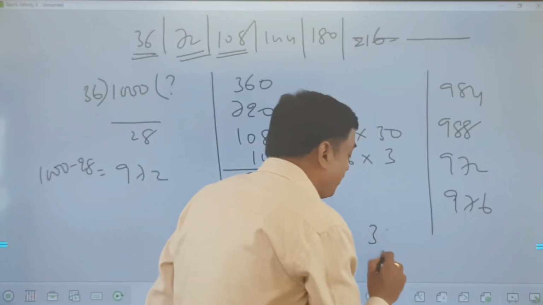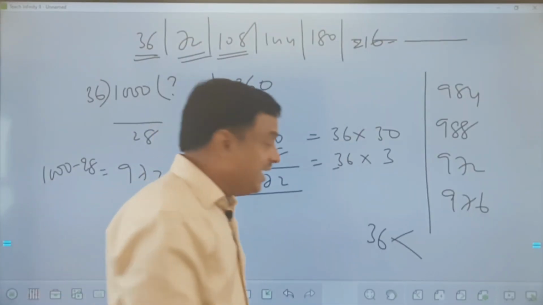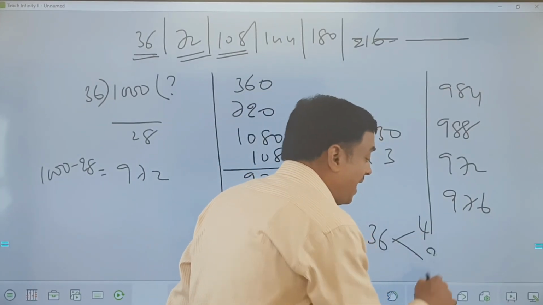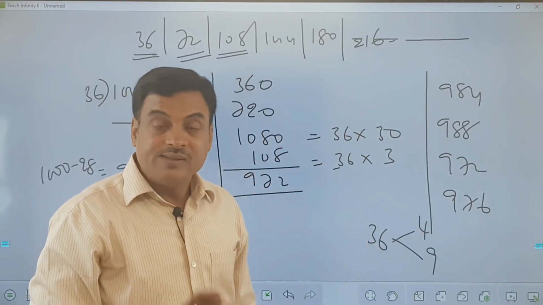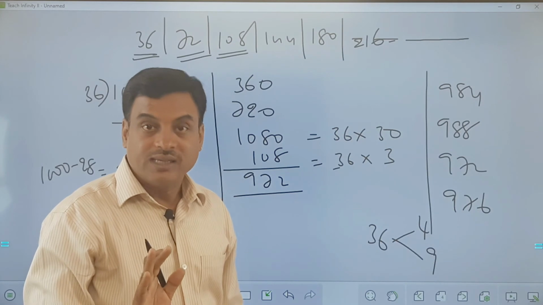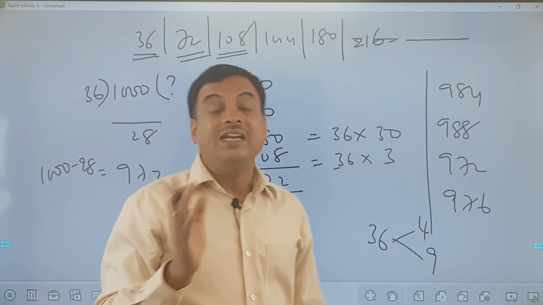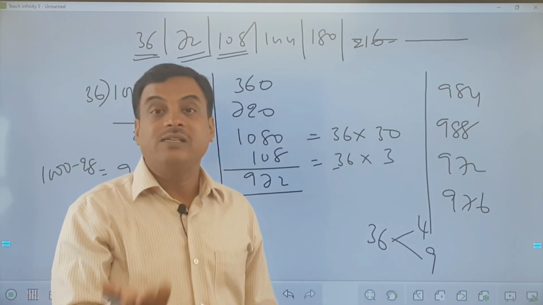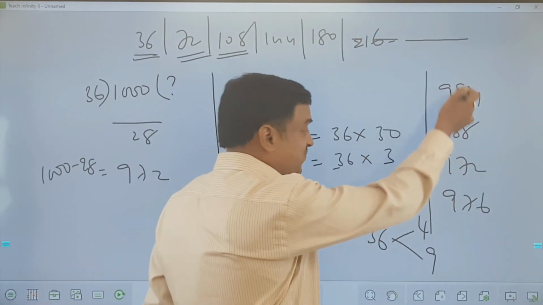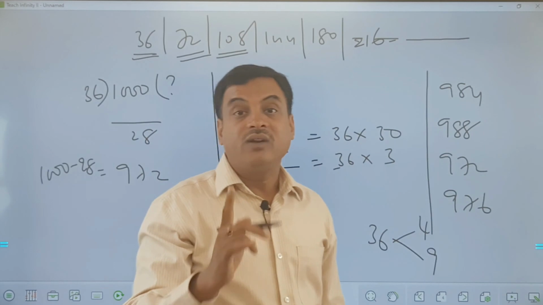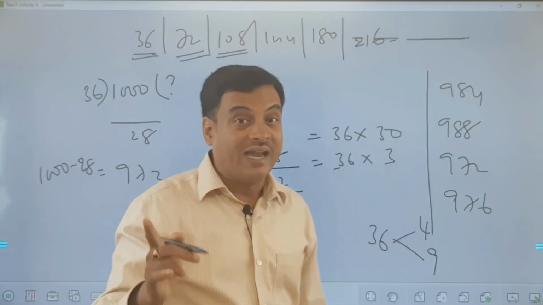What is the divisibility rule of 36, friends? Any number divisible by both 4 and 9 is a multiple of 36. So in these four, identify the number which is a multiple of 4 and 9 both.